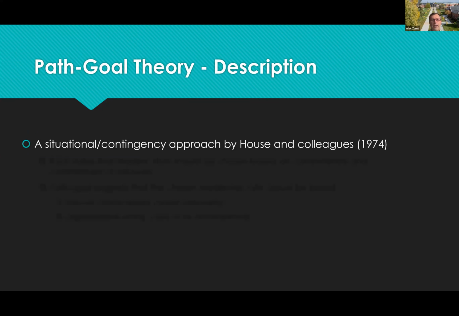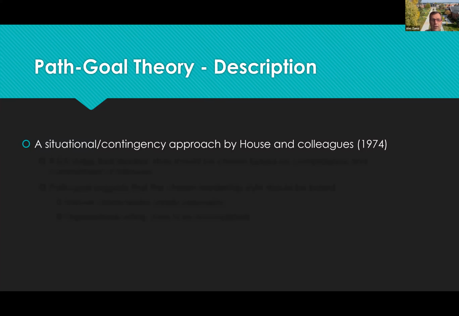So path goal theory was developed to answer the criticisms of the behavioral approach to leadership. If you recall from our discussion on behavioral approach, we mentioned that one of the criticisms was that leaders couldn't really address the situational aspects of leadership.